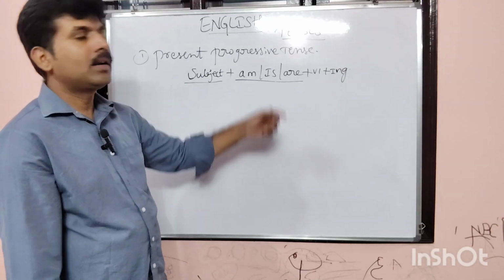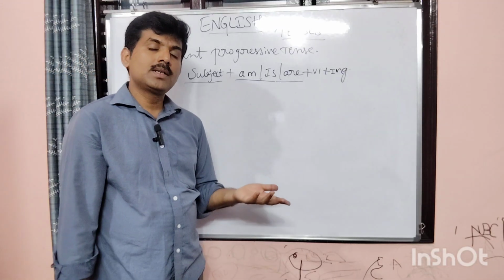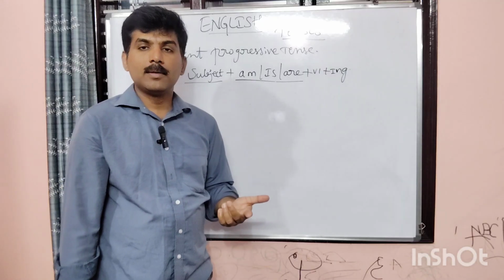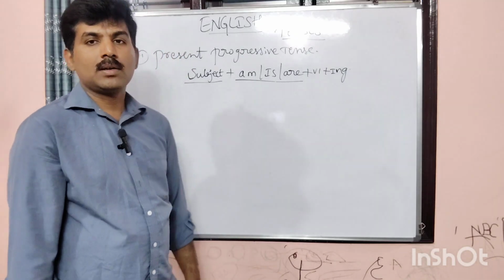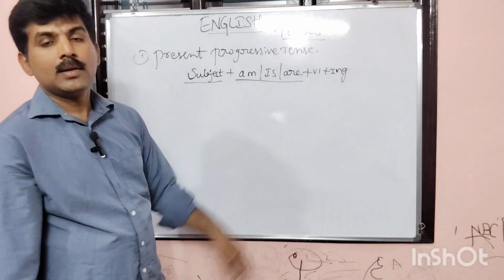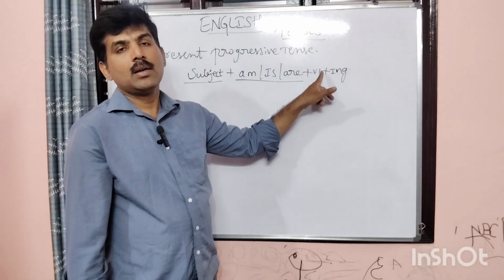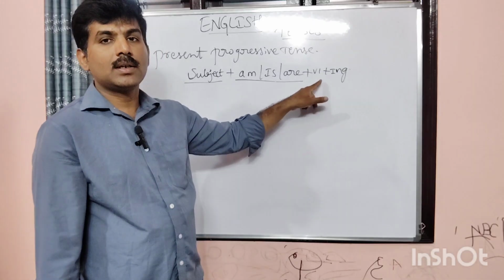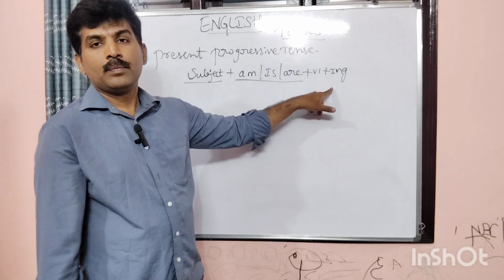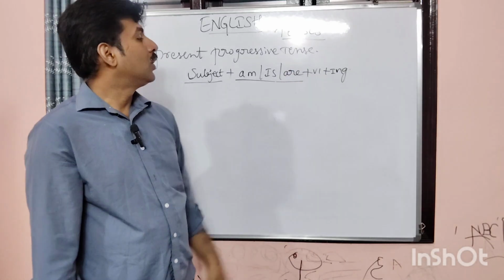Then are for plural form. One is they are, we are, these are, those are, you are. Okay, you may already know that. Then the action word is any verb one with ing form. When you are applying this rule, you use these two parts.